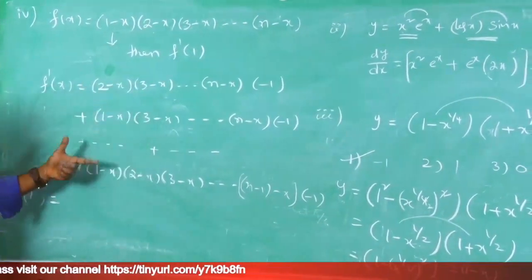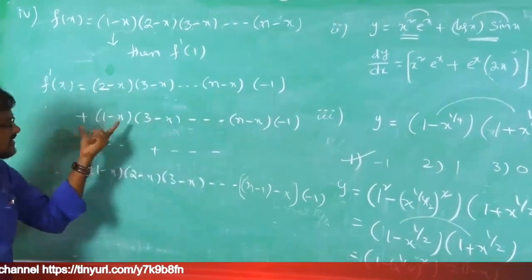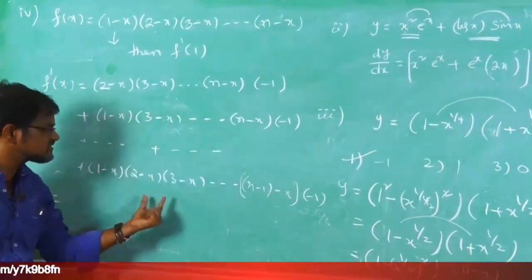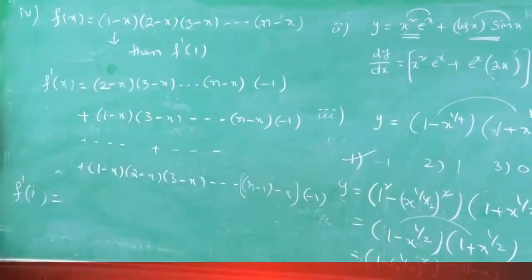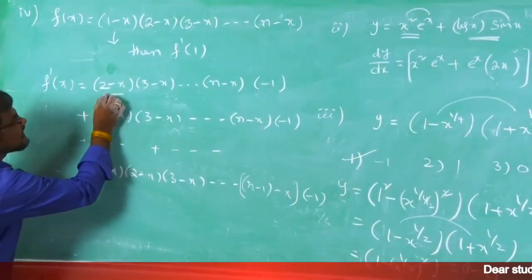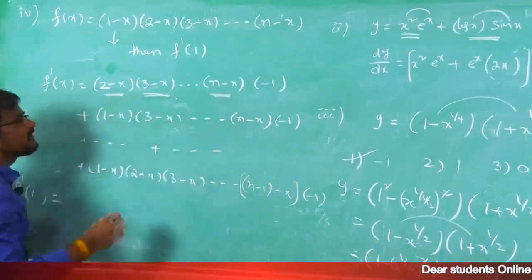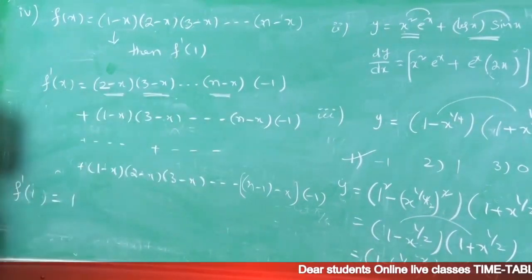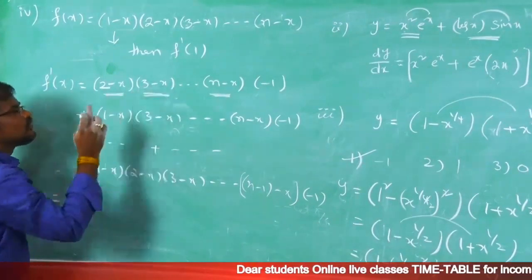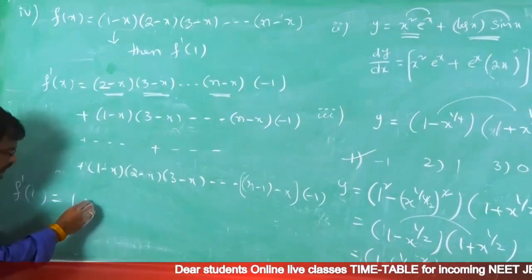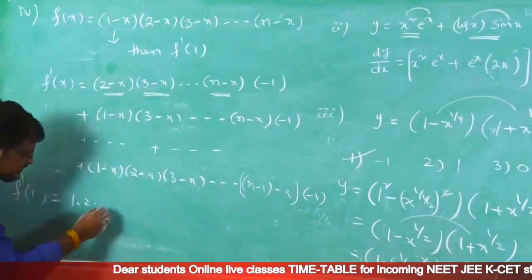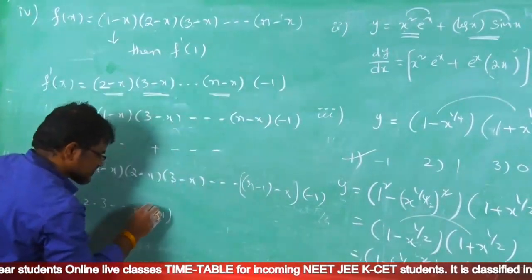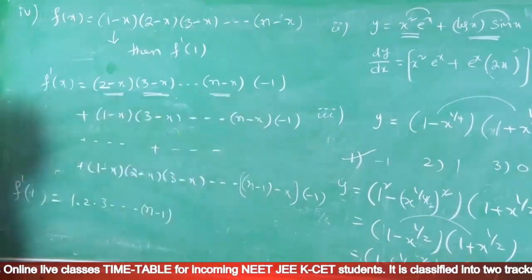In all these, this is the first term, plus second term, plus third term. In this one many terms are there, plus this is the last term. If you substitute x equal to 1 in the first term, what do you get? Tell me: 2 minus 1, that is 1. Next, 3 minus 1, that is 2, into the next one, 3, etc. up to n minus 1, into minus 1.